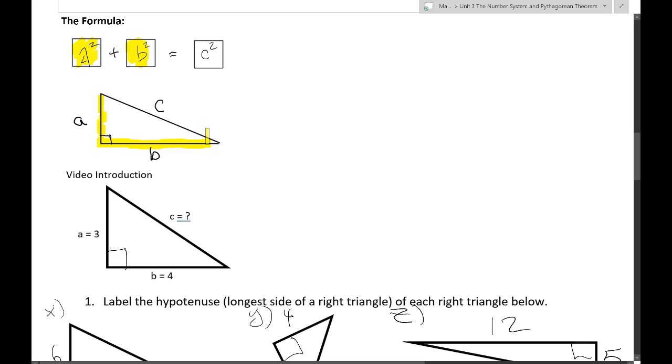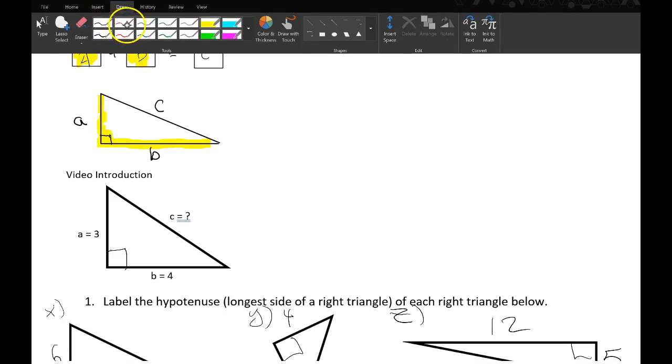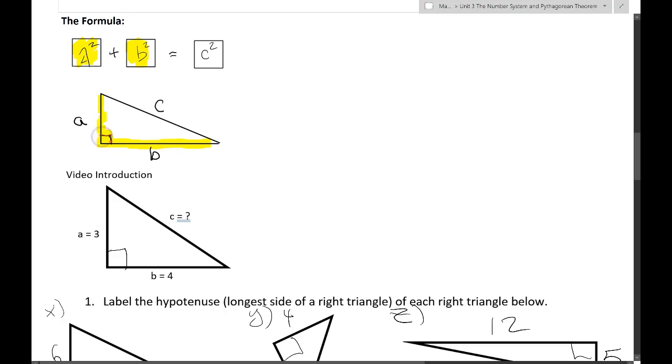The two legs are the two sides connected by the right angle. Those are A and B. It does not matter which is A and which is B. Please make sure you take note of that.